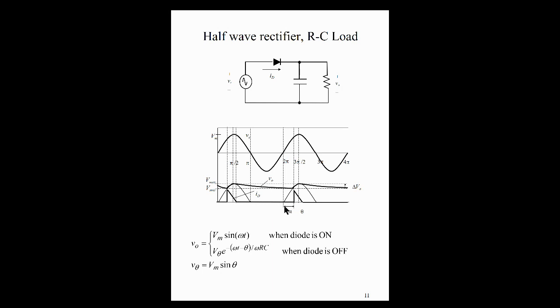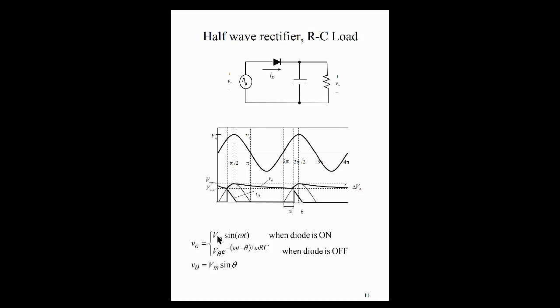We have 2 points on the graph, our alpha and our theta. When the diode is turned on, we have an expression that we can use.